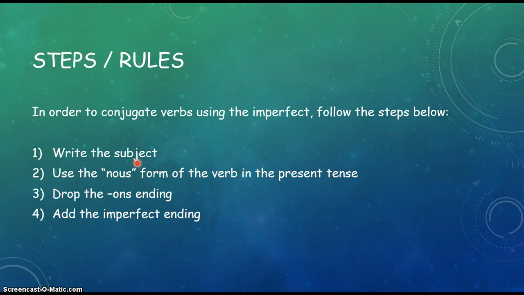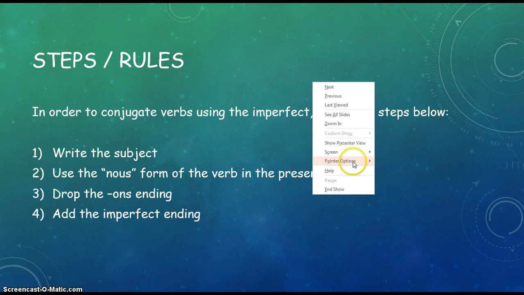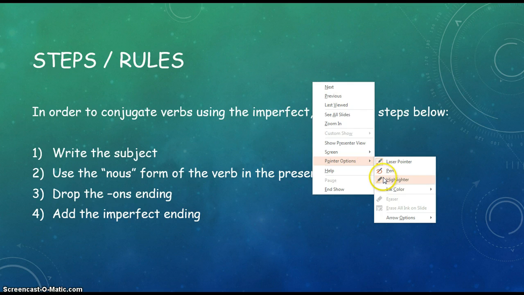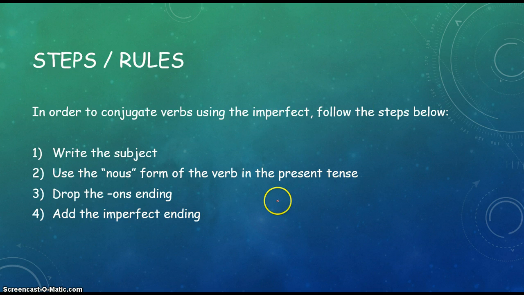The next step you're going to follow is to use the nous form of the verb in the present tense. So if we're working with the verb jouer, we are going to have to use the nous form of jouer, which is jouons.